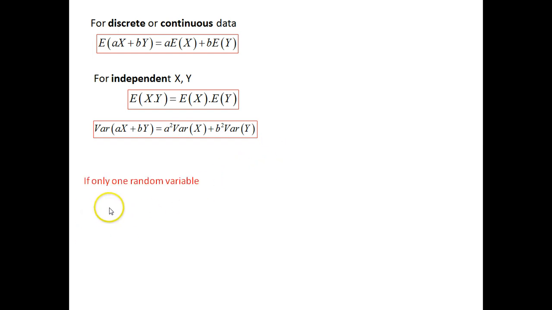If we only have one variable, no y, and we have a linear combination of x, as in ax plus b, then the expectation of that, take the expectation in, and the expected value of b is just b. So the expected value of ax plus b would be a times the expected value of x plus b.